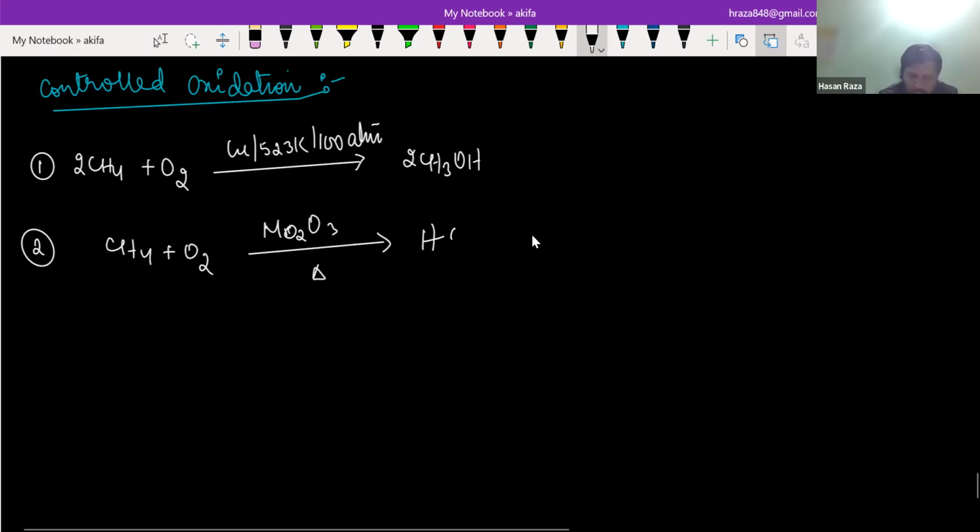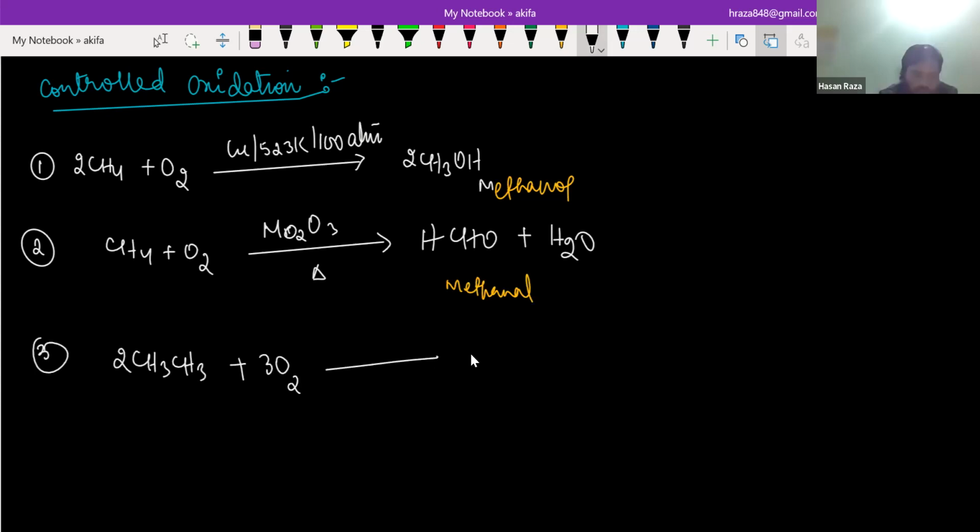HCHO plus H2O. This is methanal and this is methanol also. 2CH3CH3, that means 2 moles of ethane will react with 3 moles of oxygen in the presence of (CH3COO)2Mn, manganese acetate, and if you heat it, then carboxylic acid will form. CH3COOH, this is ethanoic acid, along with 2H2O.